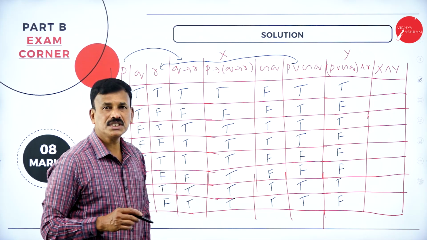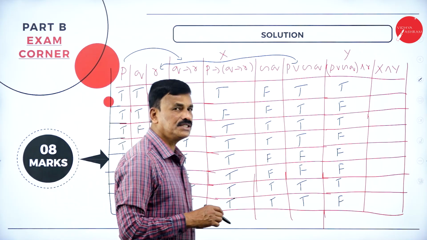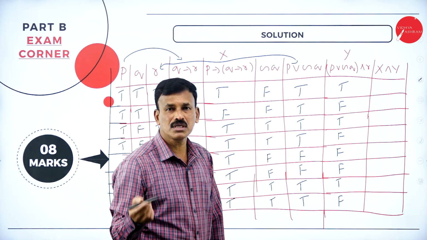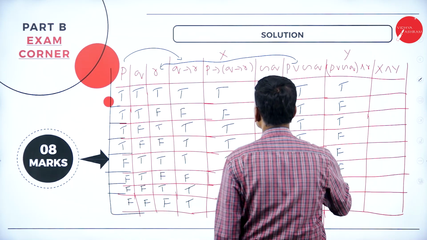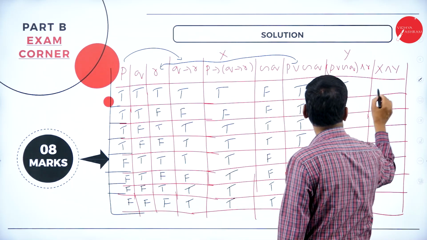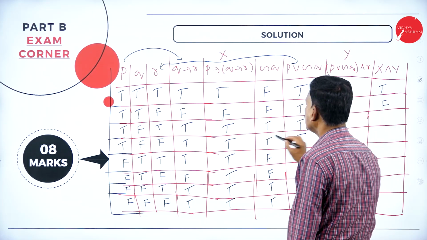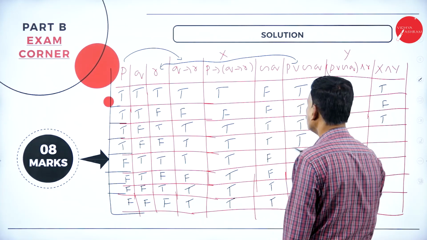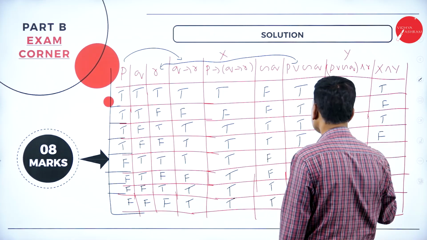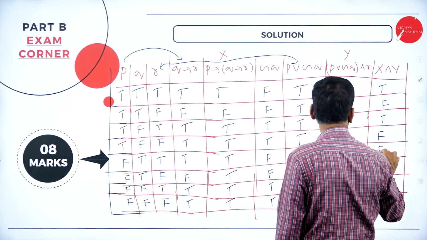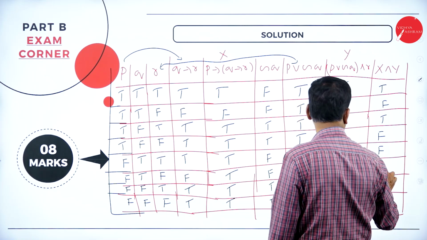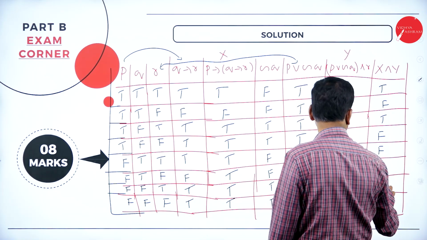The final one is the conjunction between X and Y. Conjunction means true and true is true. In all other cases, it is false. So, conjunction of true and true is true. Again, false and false is false. Again, true and true is true. True and false is false. Again, true and false is false. Again, true and false is also false. True and true is true.